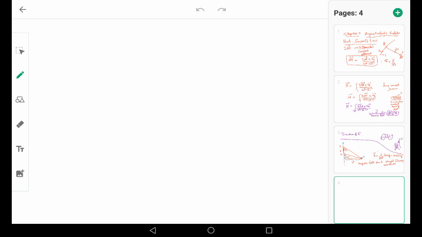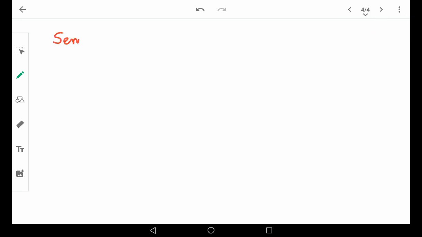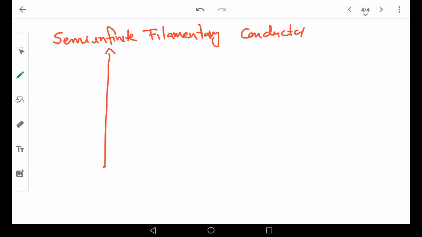Now, suppose the filamentary conductor is semi-infinite, that is, extending from this point to infinity. You have the point here.